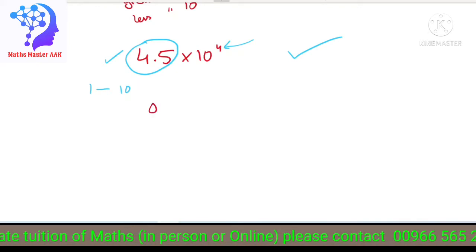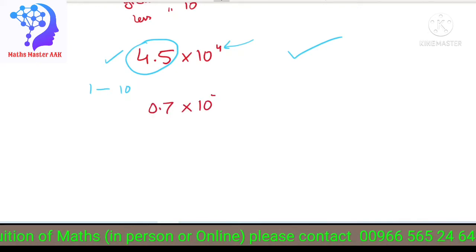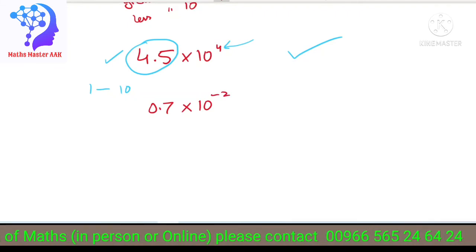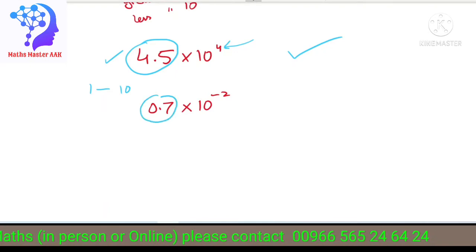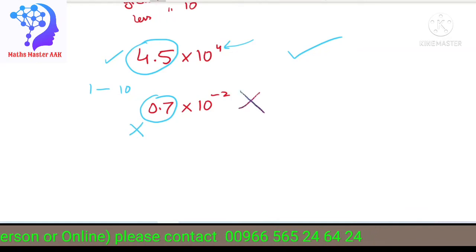Now if you have the number 0.7 times 10 raised to power minus 2, what about this one? First we check: is this number in the range of 1 and 10? No, it is not. It means this number is not in standard form.